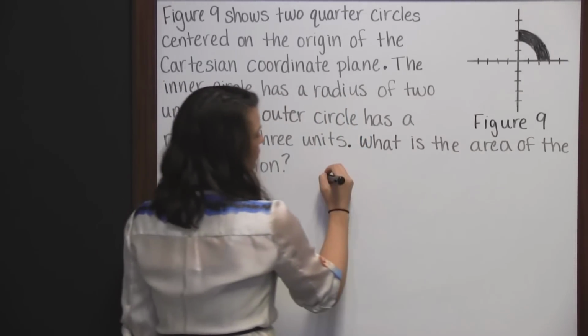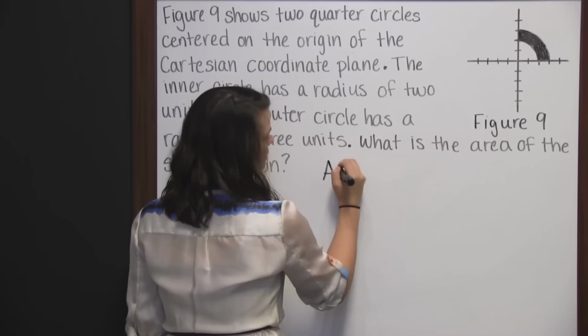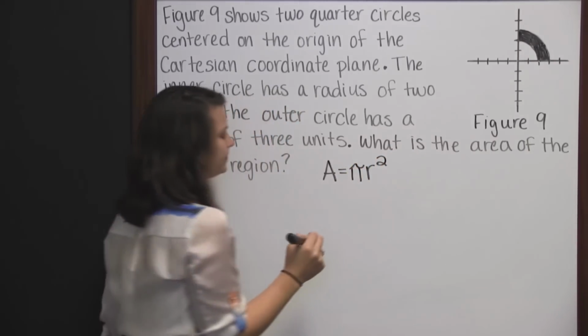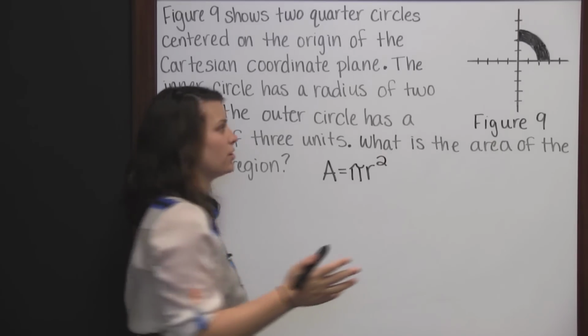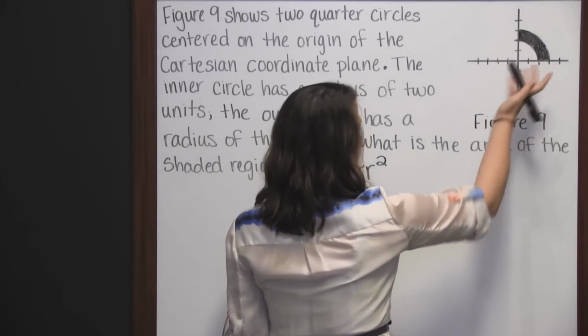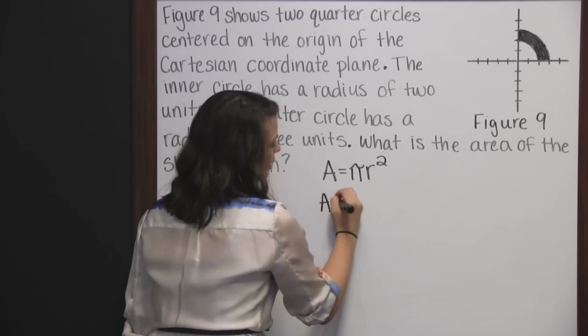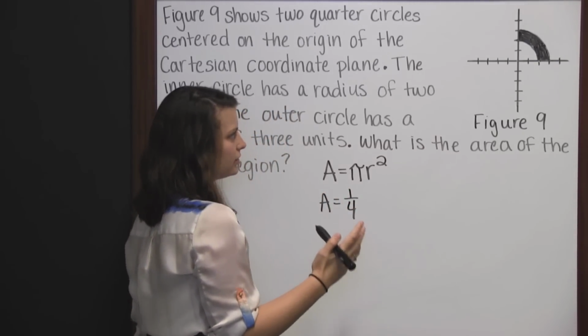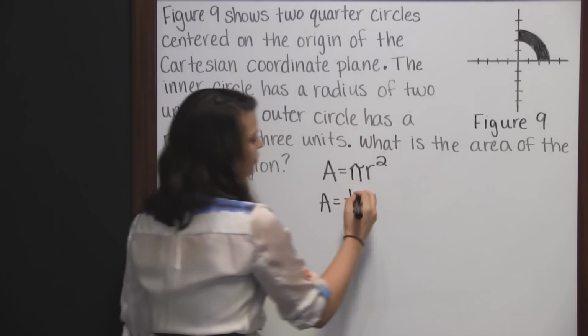So first let's start with what the formula for the area of a circle is. It's pi times radius squared. As we discussed though, this is only a quarter of these circles, so our area is a quarter of the area of these circles.